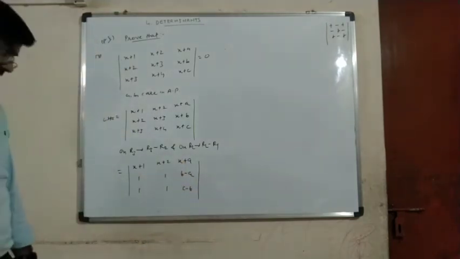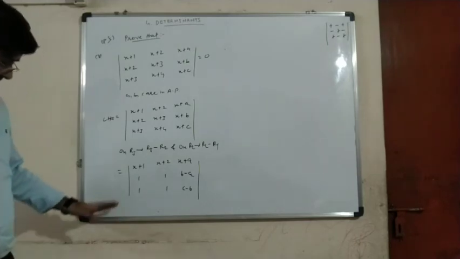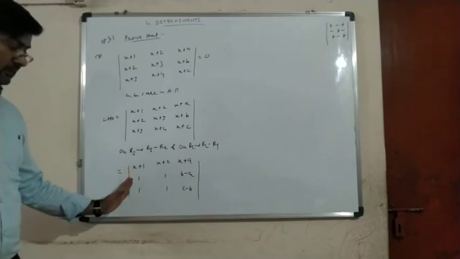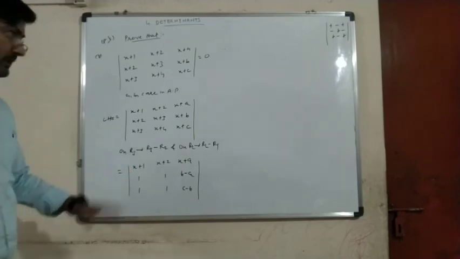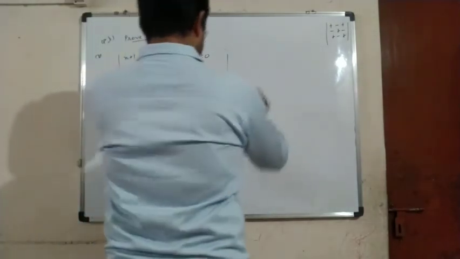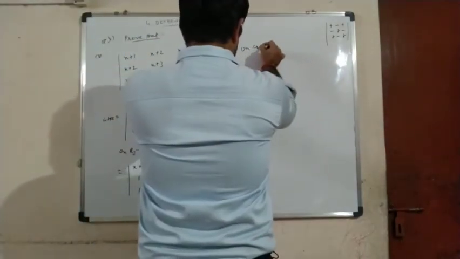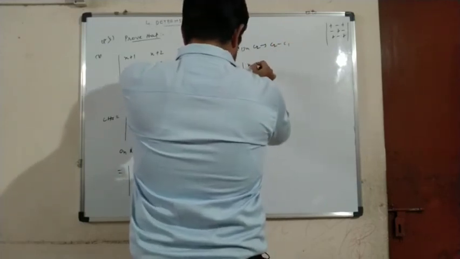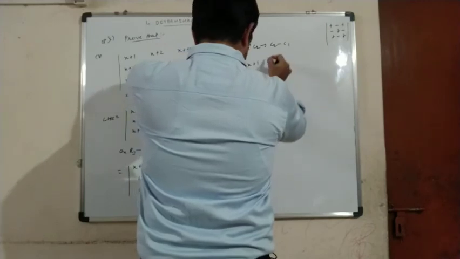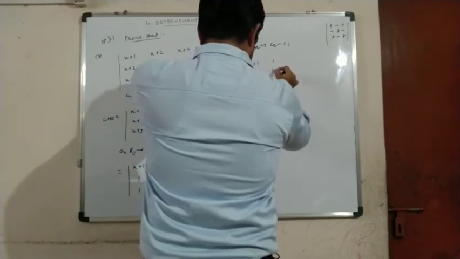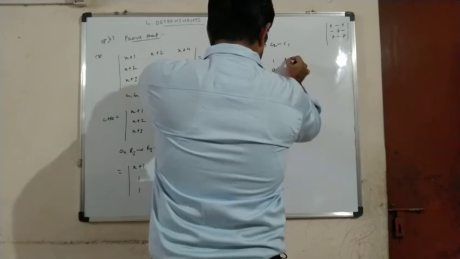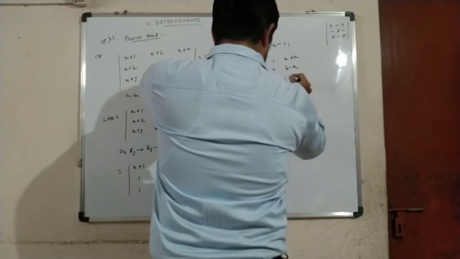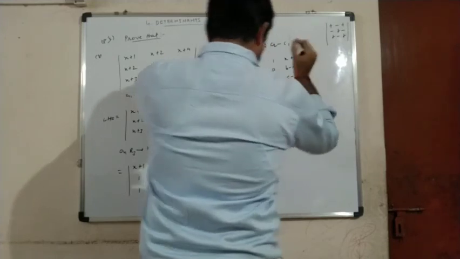So now we can subtract C1 from C2. So C2 minus C1 we will do in the next step. Let us write down C1 as it is, x plus 1, 1, 1. Here 1, 0, 0 and x plus a, b minus a and c minus b.